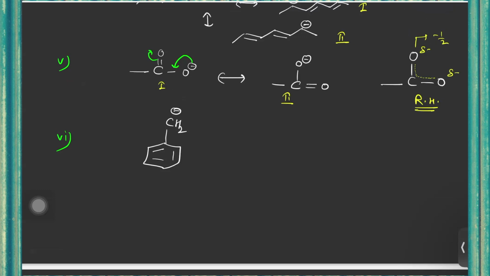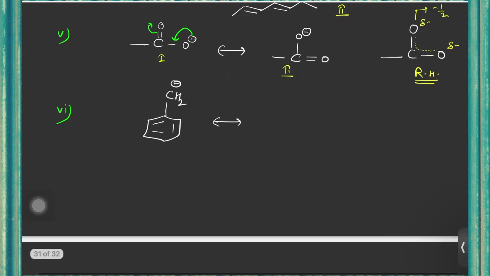Sixth one. Okay, are you able to draw? Yes, sir. I think the first one you have to draw like that. This negative charge will come here.